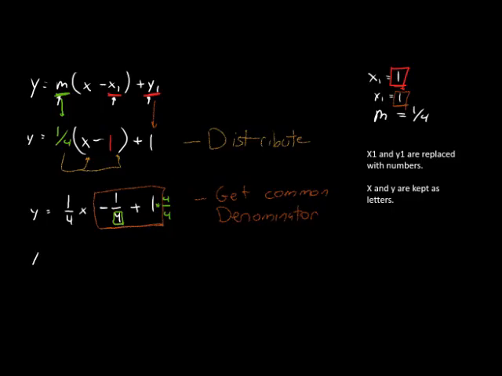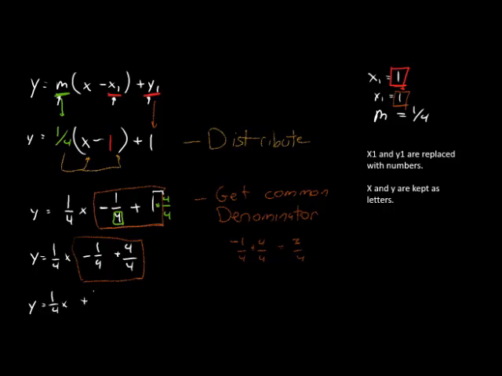So therefore, we'll have y equals 1/4 x minus 1/4 plus 1 times 4 on the top would give 4, and on the bottom we'll just have another 4. This will allow us to combine these fractions. We'll have negative 1/4 plus 4/4, and then if we take negative 1 plus 4, we'll get positive 3/4. Therefore, our equation of the line is y equals 1/4 x plus 3/4.